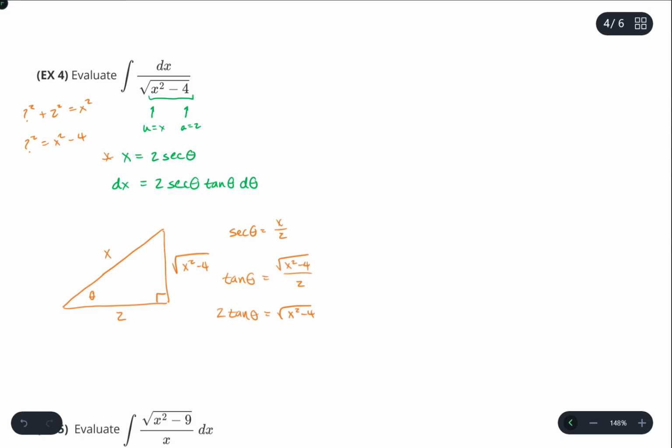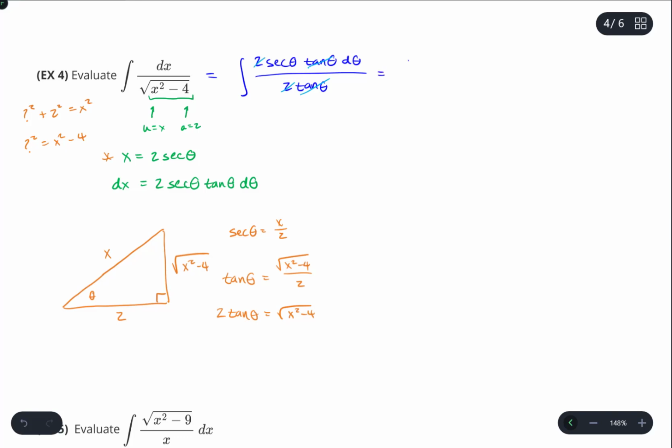Okay, now I'm going to do my substituting. dx is 2 secant theta tangent theta d theta, and the square root we found as 2 tangent theta. And very nicely, we have a tangent that will cancel and a constant that will cancel.